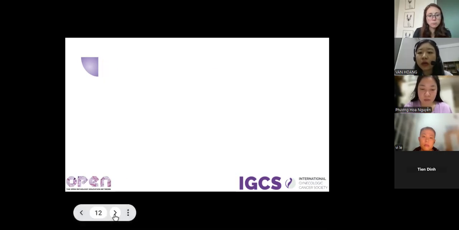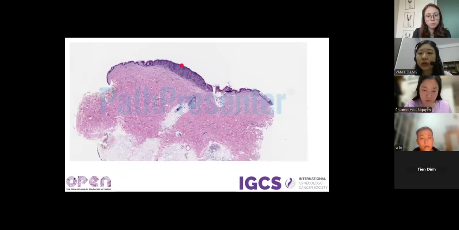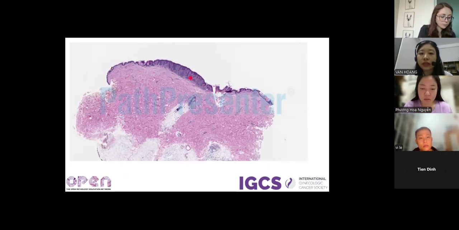Under the microscope, we see an asymmetric lesion. The epidermis shows elongated rete ridges here. The melanocytic nests at the dermoepidermal junction and their proliferation into the superficial dermis. In the dermis, we see a mild inflammatory infiltrate and fibroplasia.